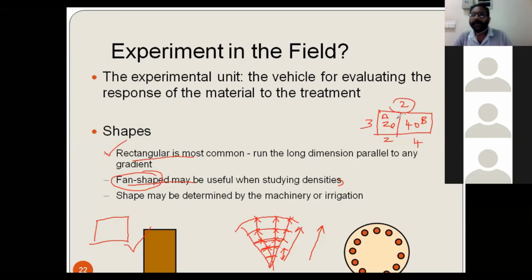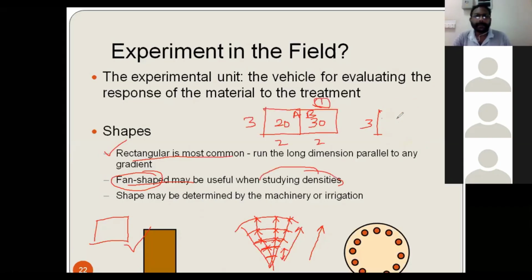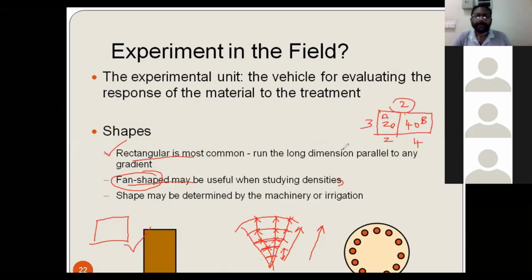What about number 2? Same density. Number 2 is the same density. Why? If the area doubles, the population also doubles. So the density is the same.